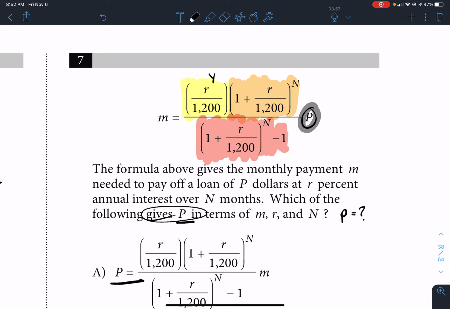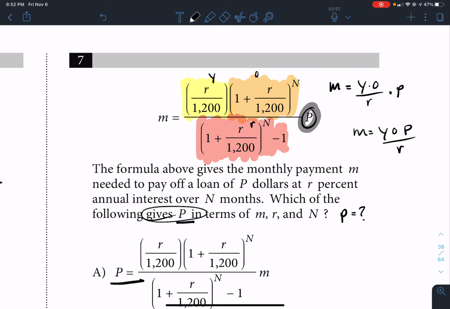So yellow, orange, red. This whole thing down there is red, and P. So basically rewritten, this is M equals yellow times orange over red times P. Or we can also rewrite this as M equals yellow, orange, P over red.